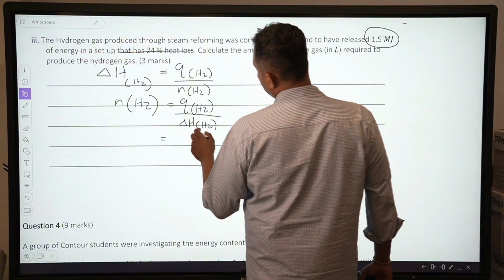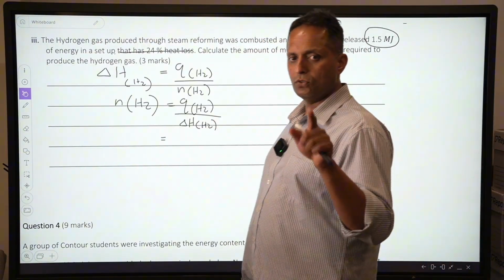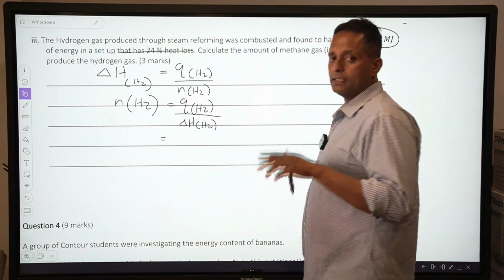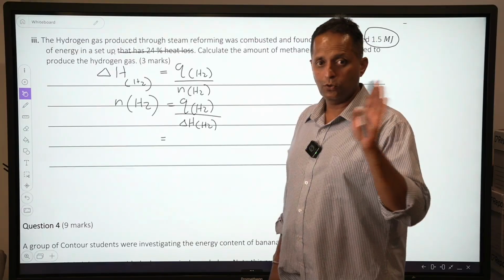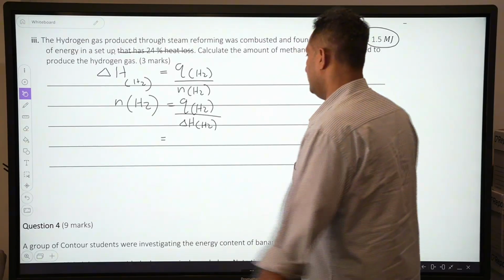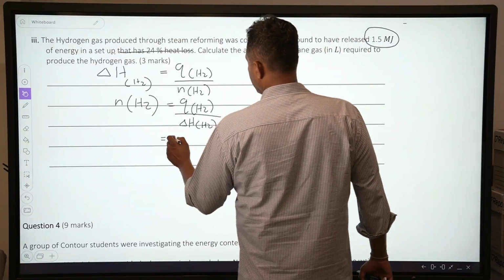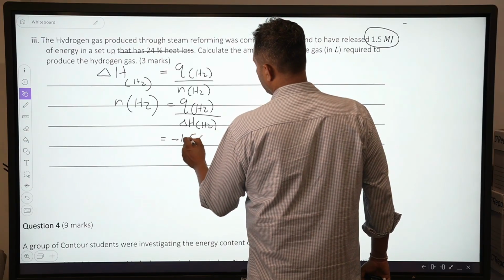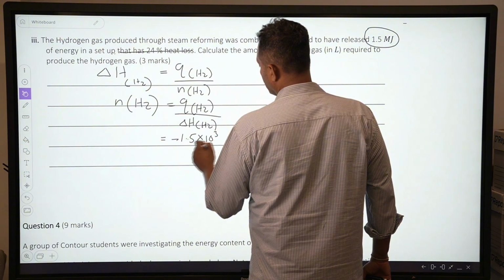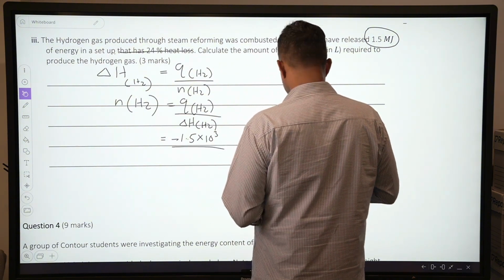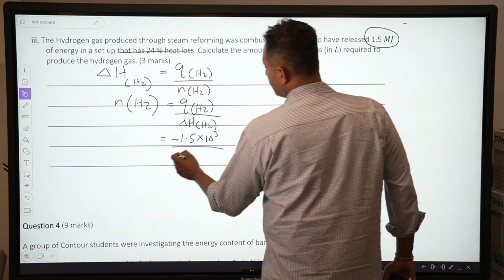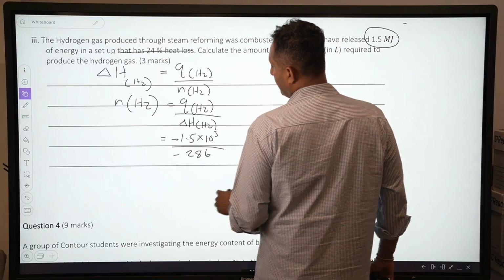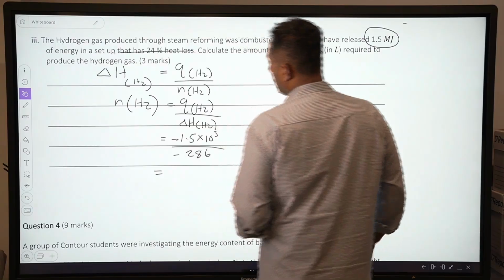You need to convert into kilojoules, because ΔH in the data booklet is given to you in kilojoules per mole. All right, so this is minus 1.5 times 10^3 kilojoules divided by the ΔH value of 286, which is minus as well. So minus minus cancel out.